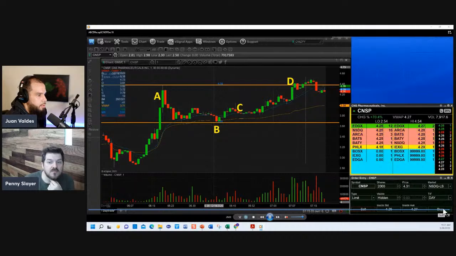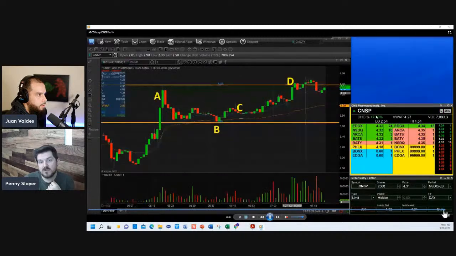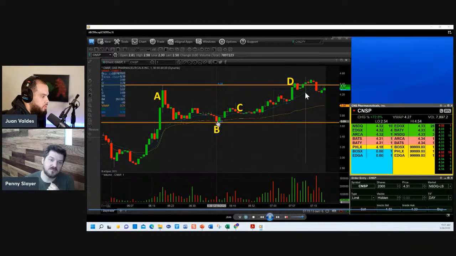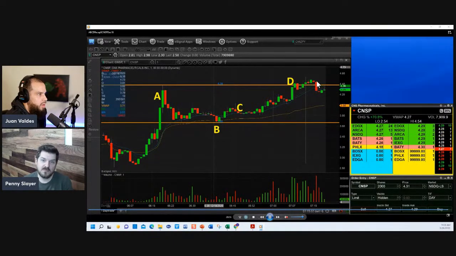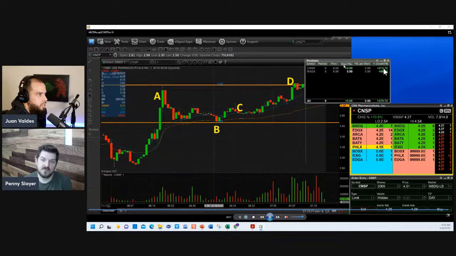Let me go back to that. So I made $213 on this trade, which is a small amount, but I was only in a position of 1,500 shares, and I took some profit.